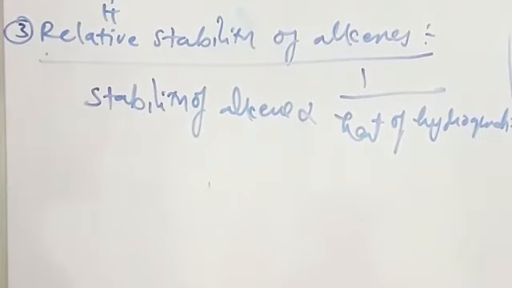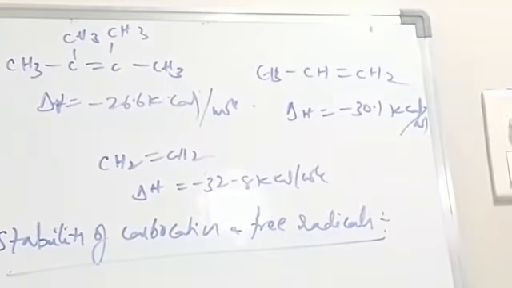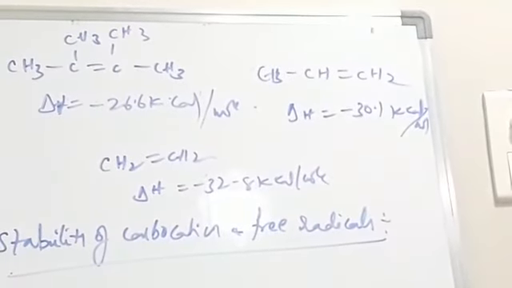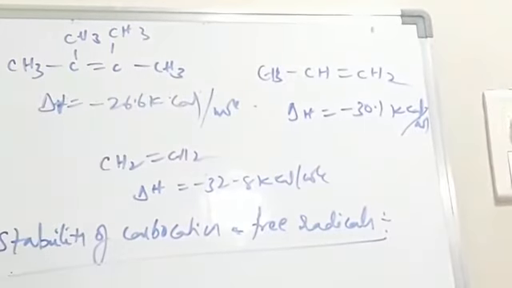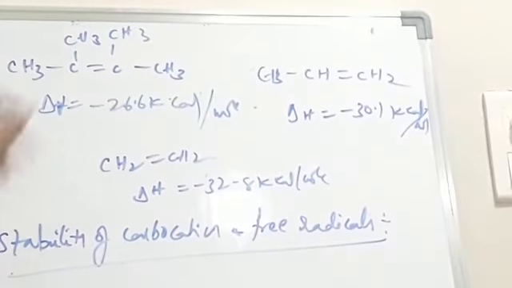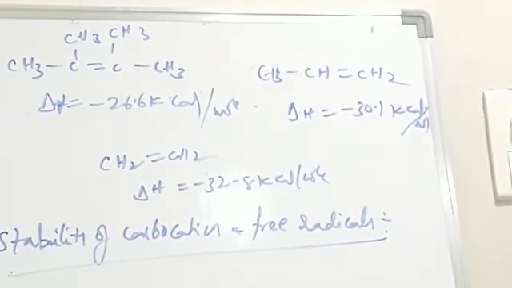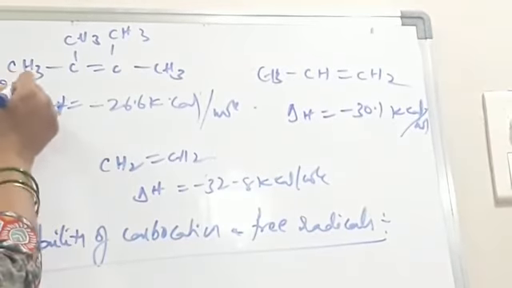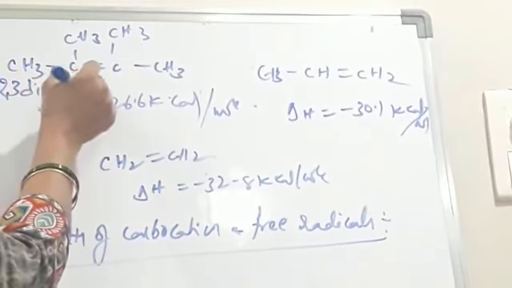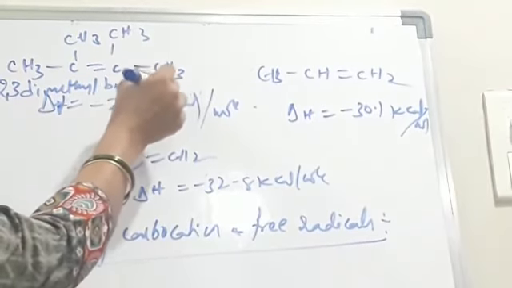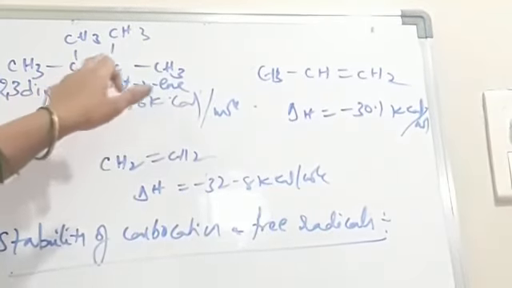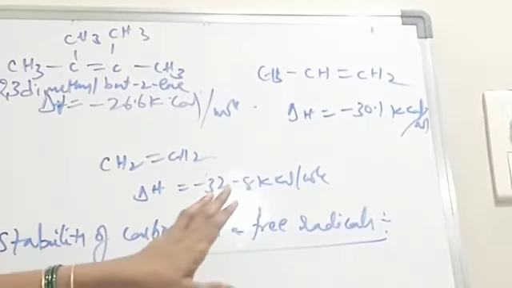For example, if you see these three alkene compounds, in the first compound, this is 2,3-dimethylbutadiene. Here the double bonded carbon atoms are linked with more alkyl groups.